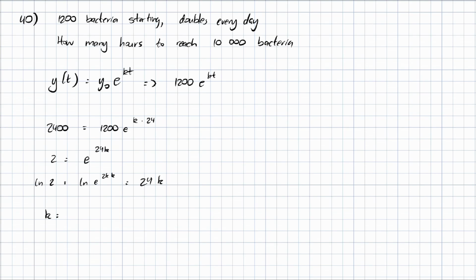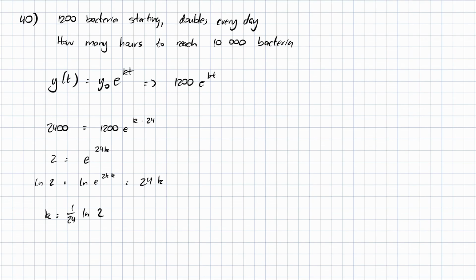Sorry, I'm blanking out. Okay, why can't I think? k equals 1 over 24, natural log 2. All right, there you go.